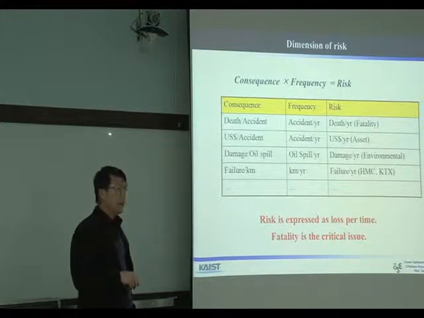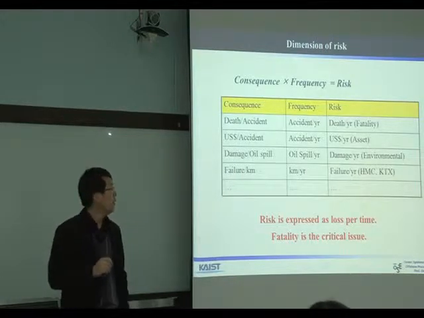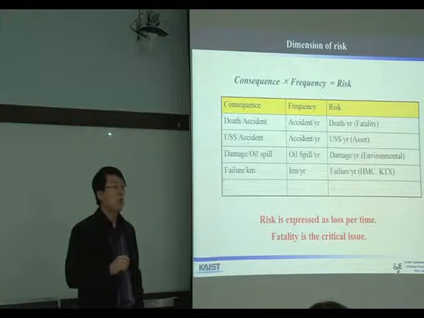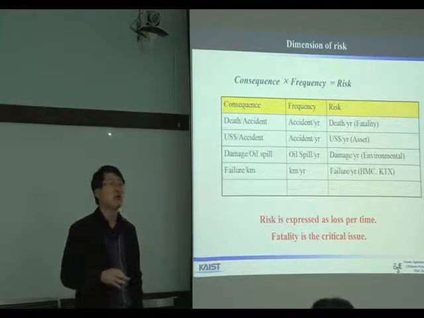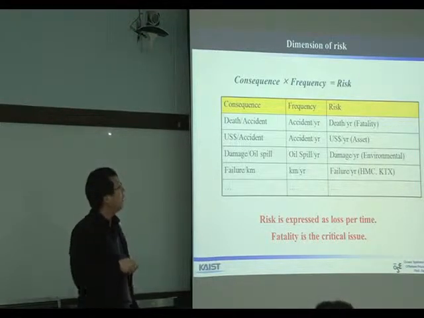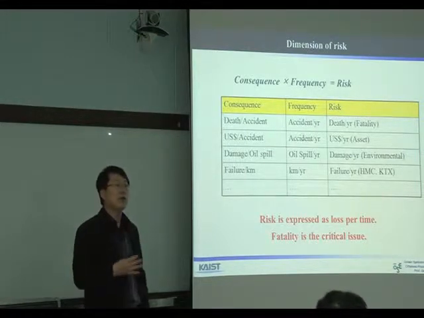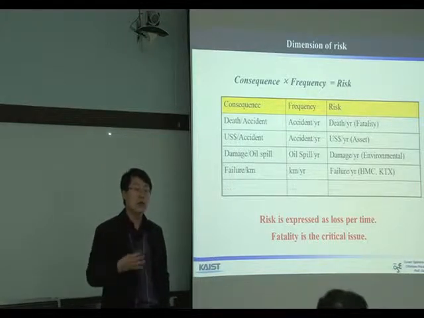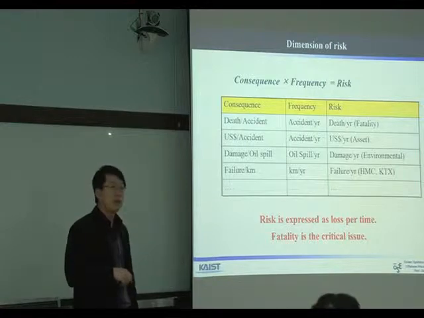Fatality or death of the crew is the most important issue. So we don't use the term death. You should always use the term fatality. I wrote down the term death here, but it's for your understanding. You should not use the term death. You should always use the term fatality.